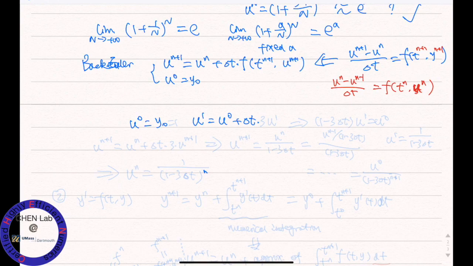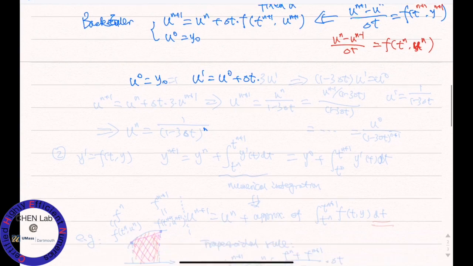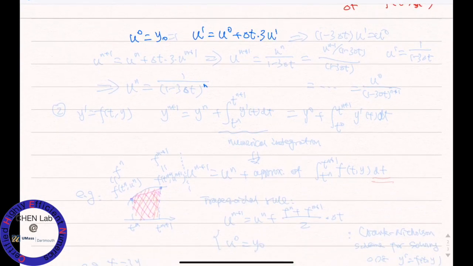So in this case, here is 3u1. But we know u0. We need to get to u1. What do we do?